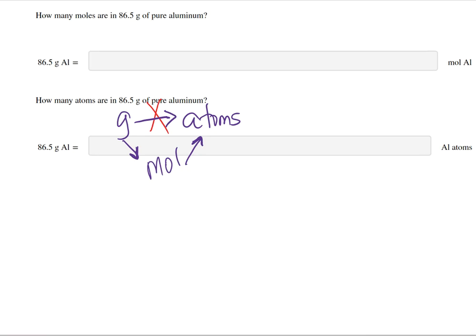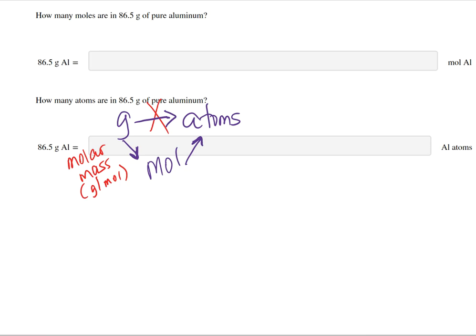So again, going from grams to mole, it's going to be our molar mass. And the molar mass is telling me how many grams of the substance are present in 1 mole of the substance. And then going from moles to atoms. Remember Avogadro's number. So we can compare everything to the mole. When we compare the mass to the mole, it's the molar mass.